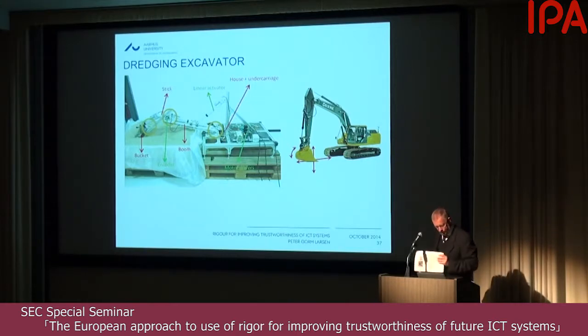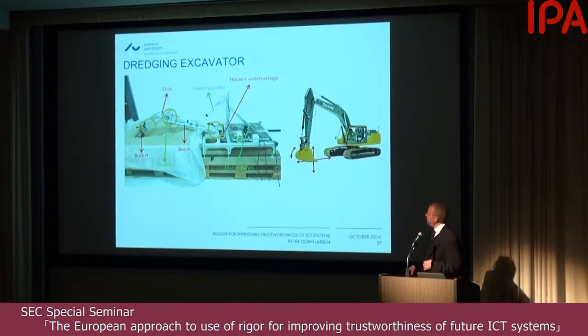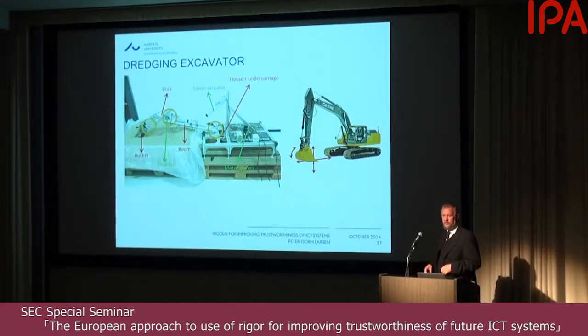In order to test this, we produced a 1 to 12 scale prototype looking like this over here, and it has different kinds of devices. You have 3 different dimensions you can move, and there were linear actuators rather than the hydraulic ones used in the real system up here.